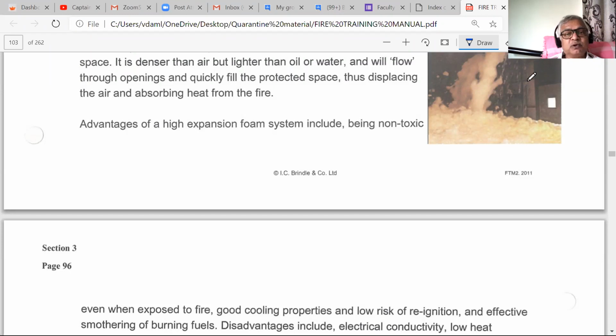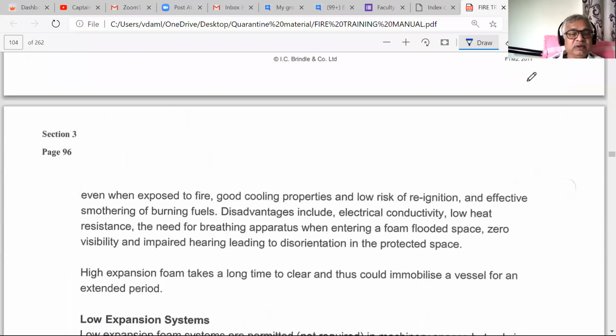That is if the foam is produced outside. If the foam is produced here, because the generator is fixed here, in that case, I keep all the ventilation and everything closed. The foam generator is going to use air which is already inside. It's not going to replace something from outside. It's just going to make foam and fill up the whole place. So these are the two different systems which we will be dealing with.